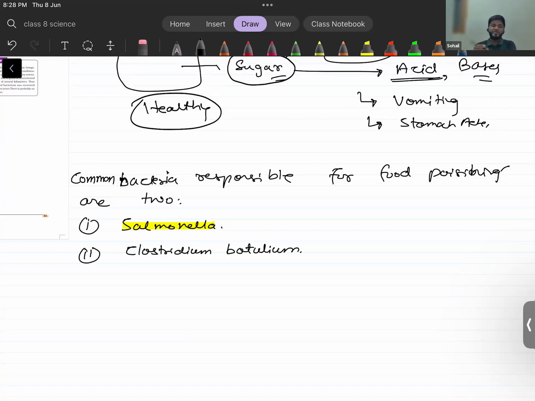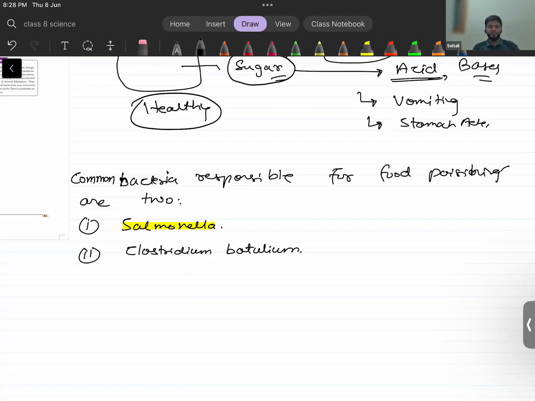So next comes the concept of preservation of food. Okay, you guys tell me, what are the traditional ways in which we preserve our food? You might have seen your grandmothers spreading oil or spreading salt on food. Like when pickles are made, basically they are preserving that food. Okay, so there are some preservatives added to the food, right guys?